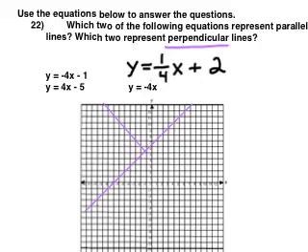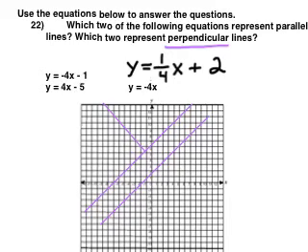Perpendicular is like where the wall meets the floor. It's a right angle, a 90-degree angle between the perpendicular line and the line it's perpendicular to. So the question is, how can you tell when lines are going to be parallel or perpendicular from their formulas? So we can look at these formulas.